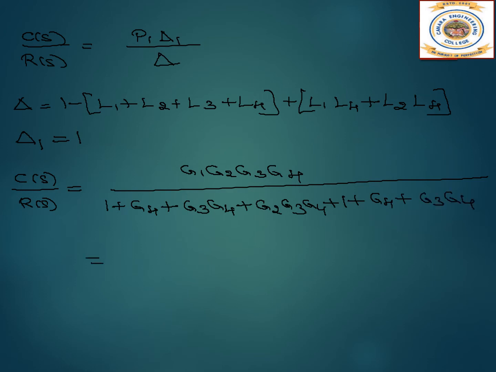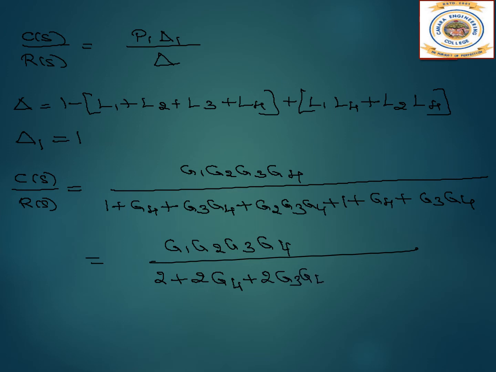I can further simplify this. G1, G2, G3, G4 whole divided by 2 plus 2G4 plus 2G3 G4 plus G2 G3 G4. This is the final answer.